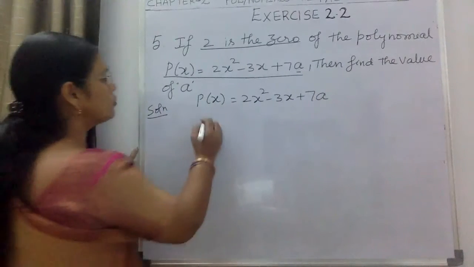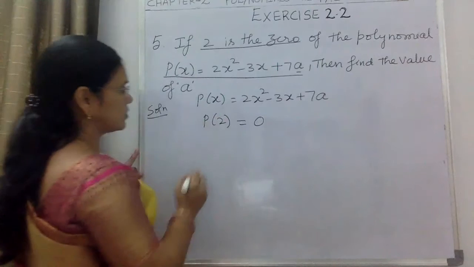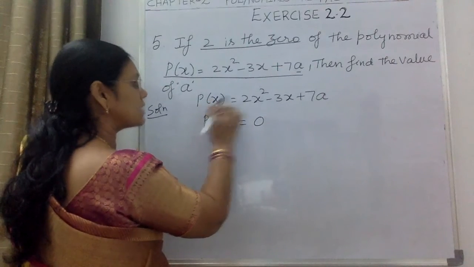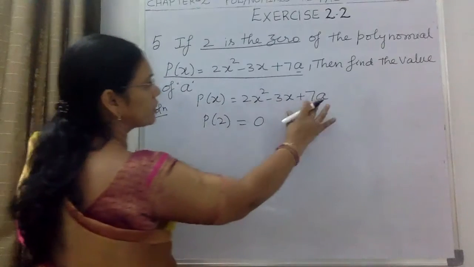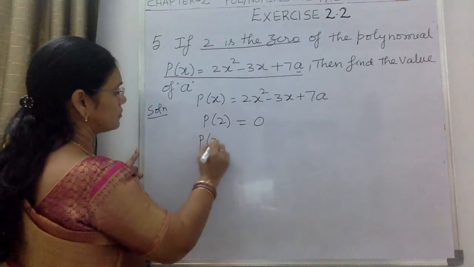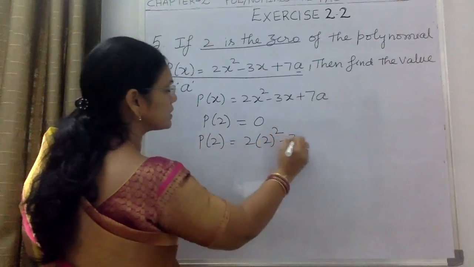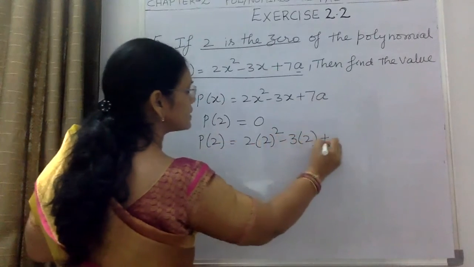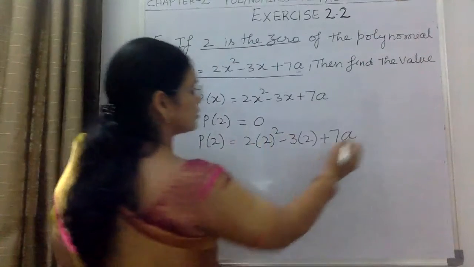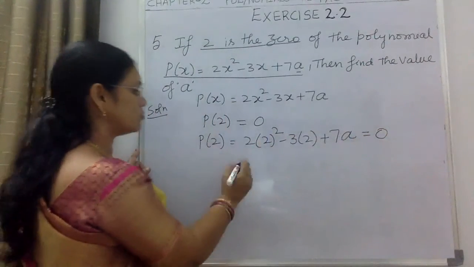So p of 2 will become 0. Let us substitute 2 in place of x and equate the complete expression to 0: 2 into 2 square minus 3 into 2 plus 7a. We don't know the value of a. So this will become 0 at x is equal to 2.